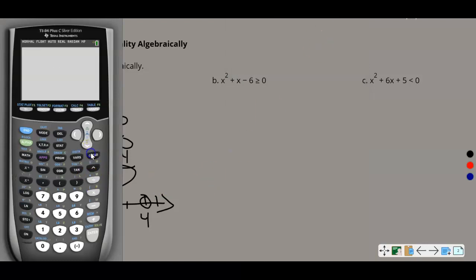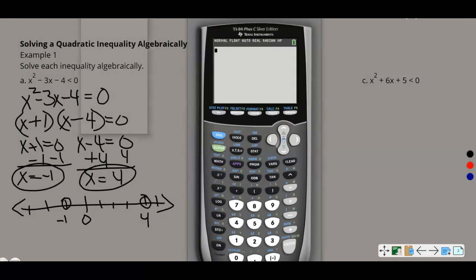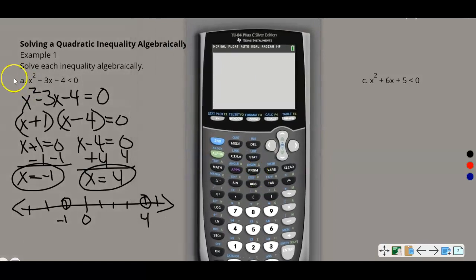So let's look at our calculator, and we're going to use our calculator just to plug in. We're going to use this equation. Even though it's an inequality, we're going to use this equation to see if this number is less than 0, equal to 0, or greater than 0. So -2, so we're going to do -2 squared minus 3 times -2, and then minus 4.